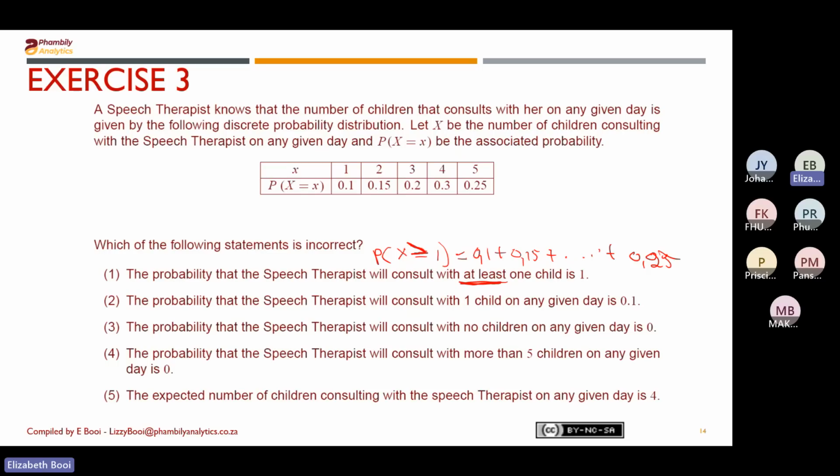Because they don't know exactly, it can be 3, or 4, or 5, it can be more than those 3 people they already stated. So at least means more than or equal to the number that you have stated. Always remember that, you will never forget it. So what is the probability that the speech therapist will consult with at least 1 child? Is it equal to 1?